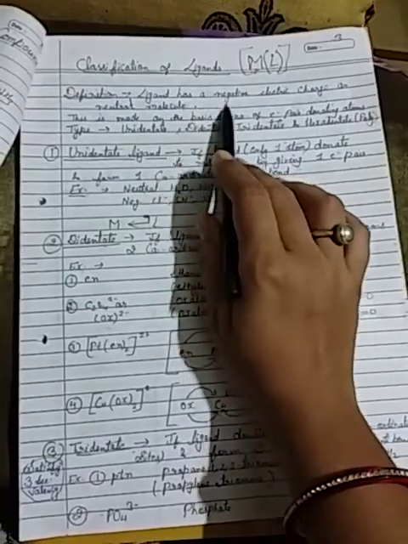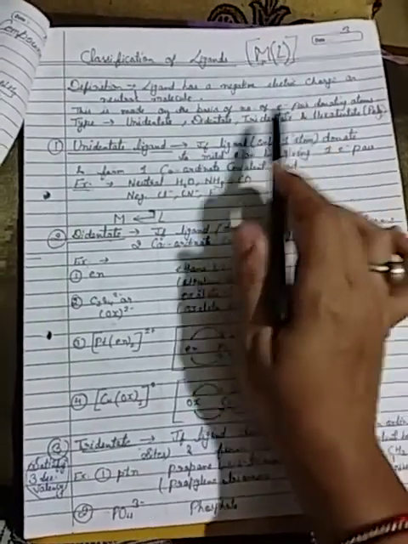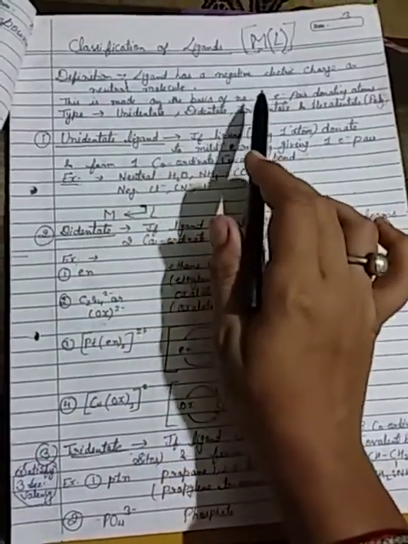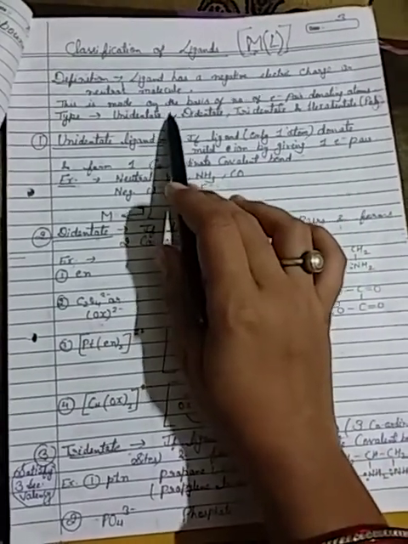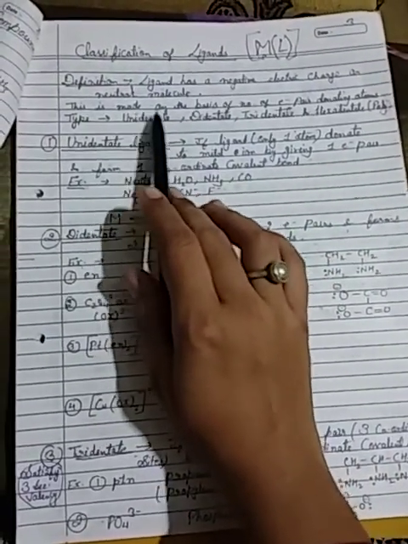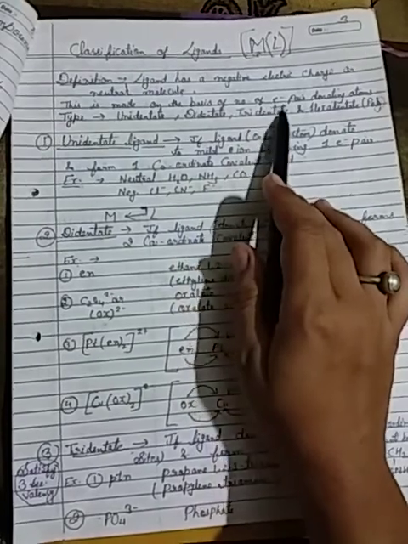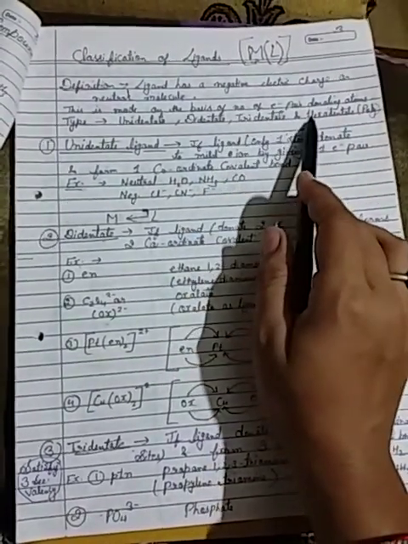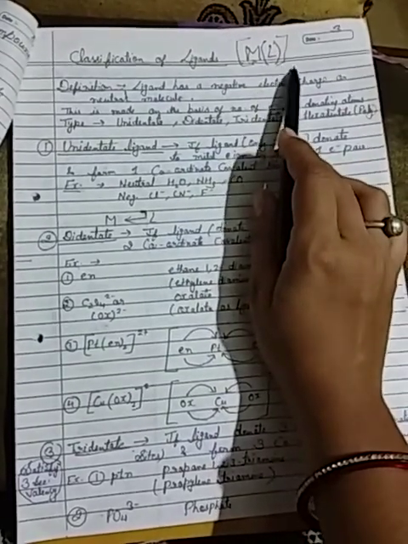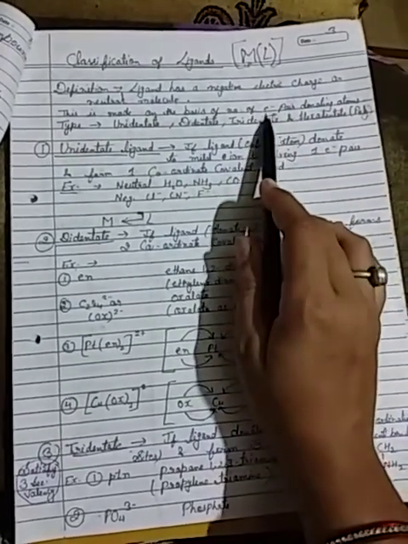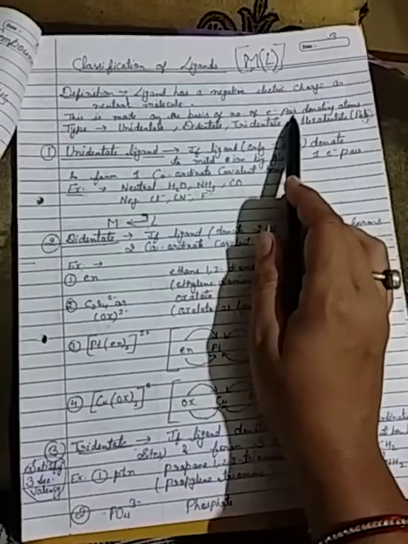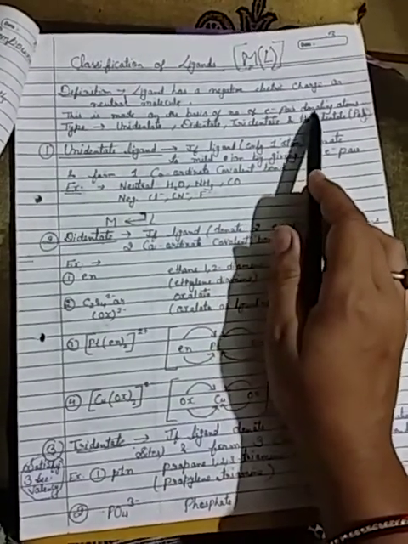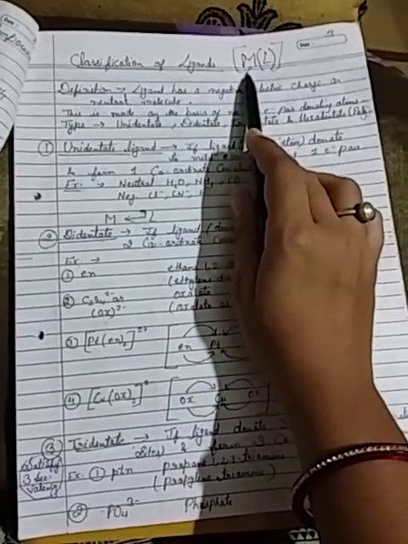A ligand has a negative electric charge or is a neutral molecule. Neutral means no charge. The classification is made on the basis of the number of electron pair donating atoms, that is, how many electron pairs an atom donates to the metal ion.